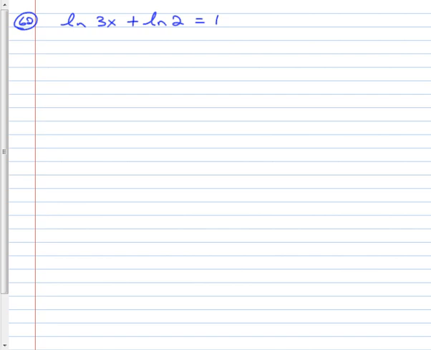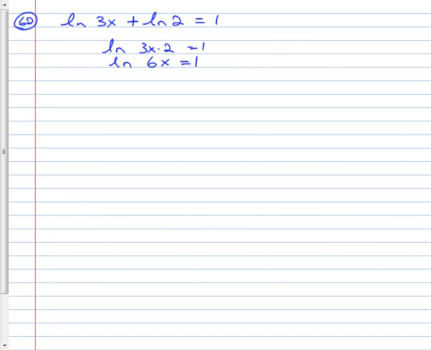Okay, well I am adding two logarithms so I can condense them together by a multiplication problem. Natural log of 3x times 2 equals 1. Oh, that would be natural log of 6x equals 1.